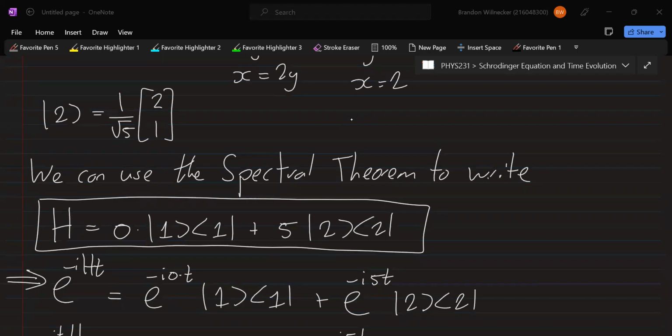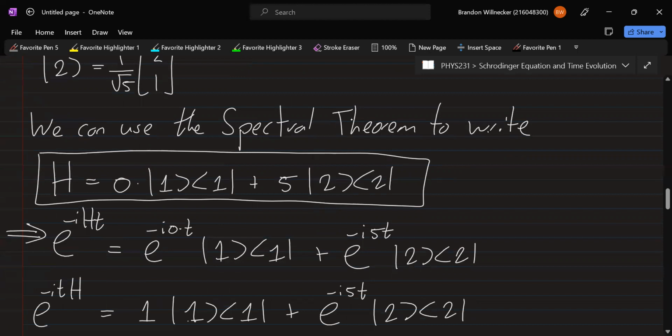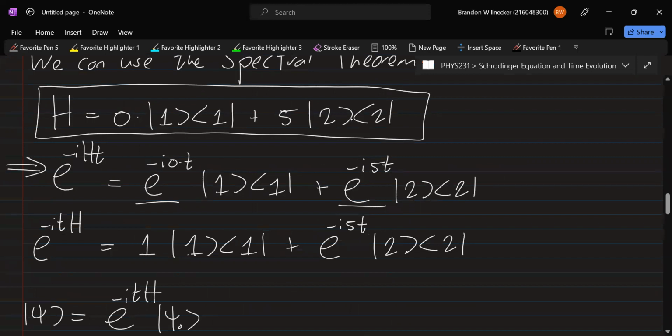And again, note that if your eigenvalue is 0, please still write it. We don't want to be leaving out important terms. Then the function of the Hamiltonian, in this case exponentiation here, is just applied to each eigenvalue in a very similar way to how you exponentiated the diagonal matrix. Then the exponential form is given by this.